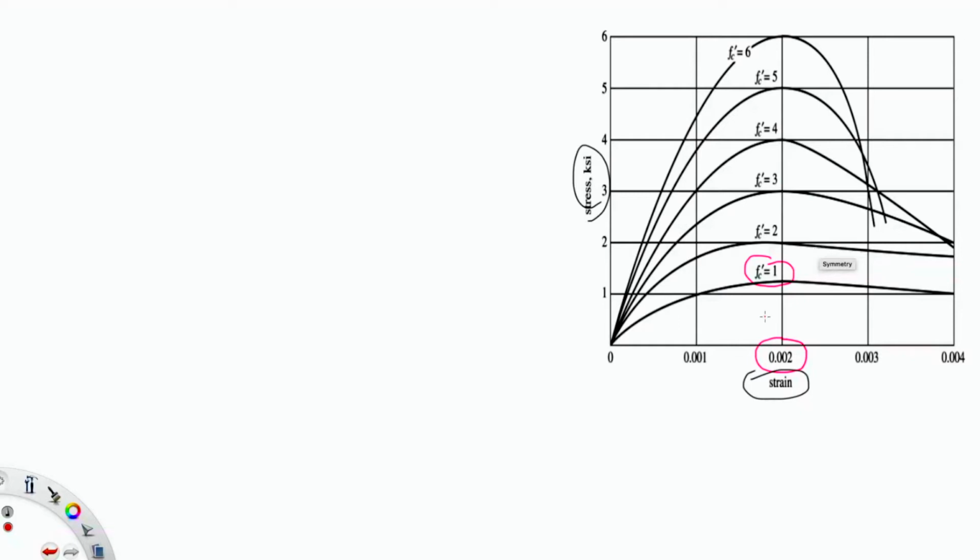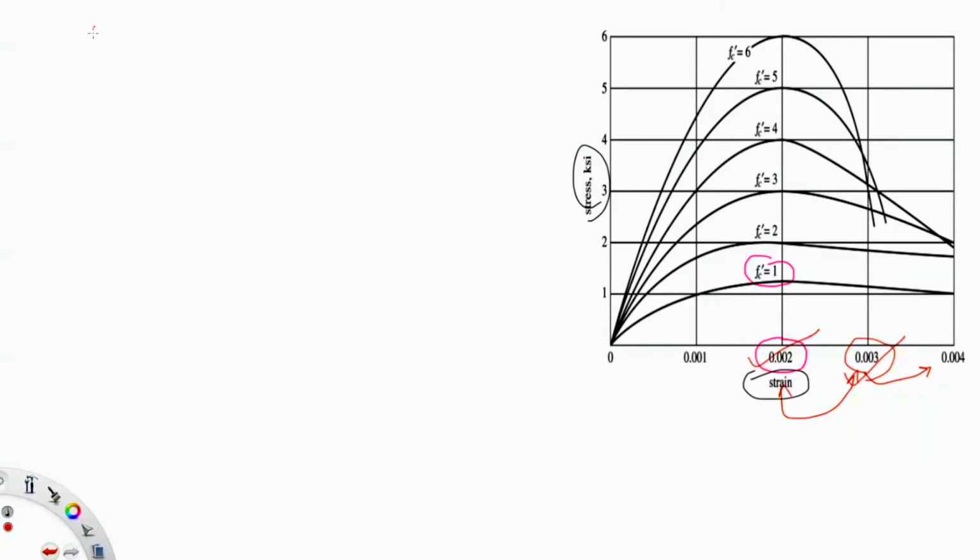And 0.003 is where it ruptures, somewhere between 0.003 and 0.004. For this course, we're going to consider 0.003 as the rupture strain of the concrete, and 0.002 as the ultimate. These two figures are really important to remember while designing, because we're going to use them a lot, and we're going to see how.